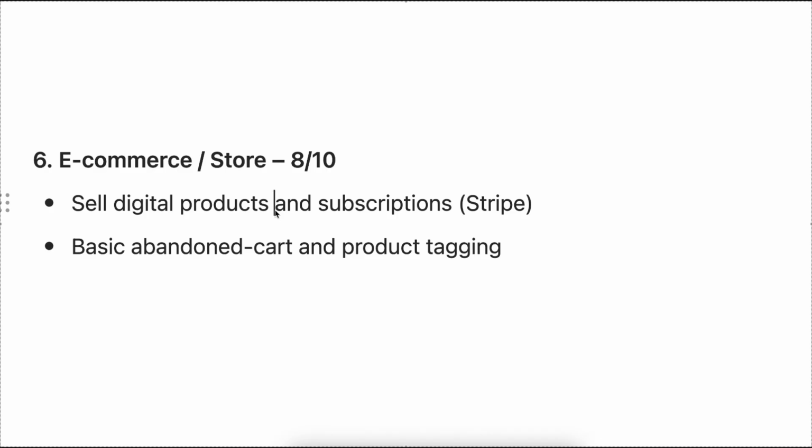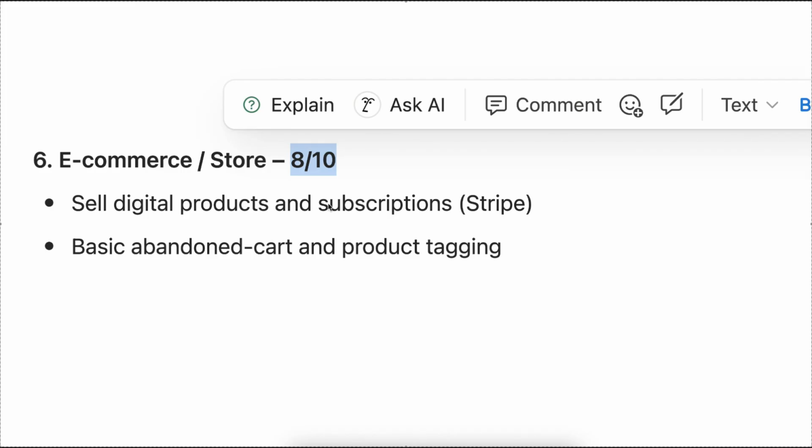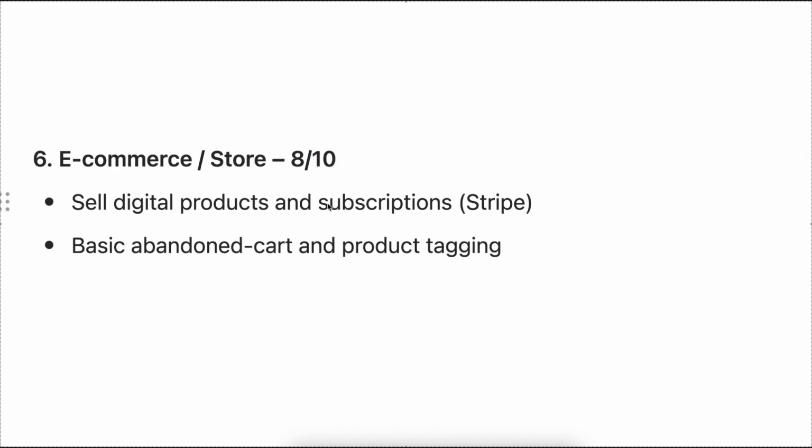I don't know if that's the option necessarily you want to go with, or you want to use an actual e-commerce tool, but they do provide this. And then you have all of these different features like abandoned carts, product tagging, all of those kinds of things. You can insert products within emails. I will give it an 8 out of 10 because it's not primarily made for e-commerce. So there are some tools that are more advanced than MailerLite.